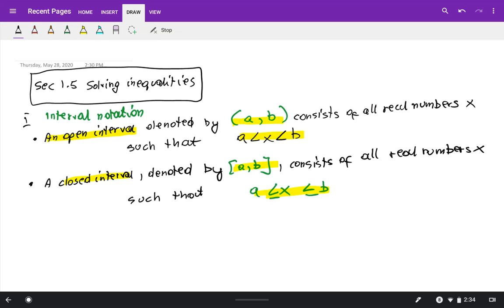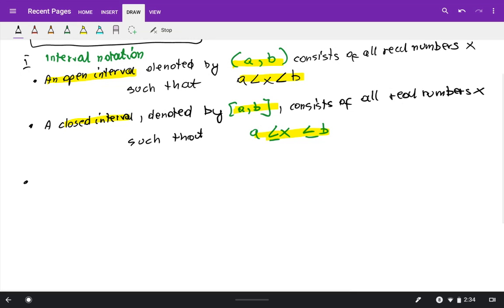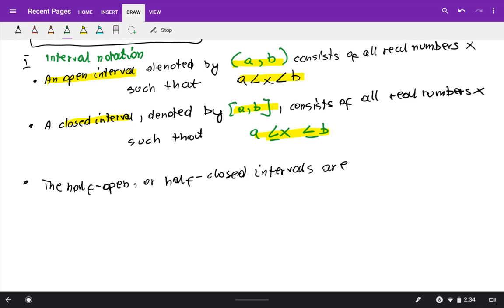Next is the definition of the half open or half closed intervals, the one which looks like this: parenthesis a comma b bracket.